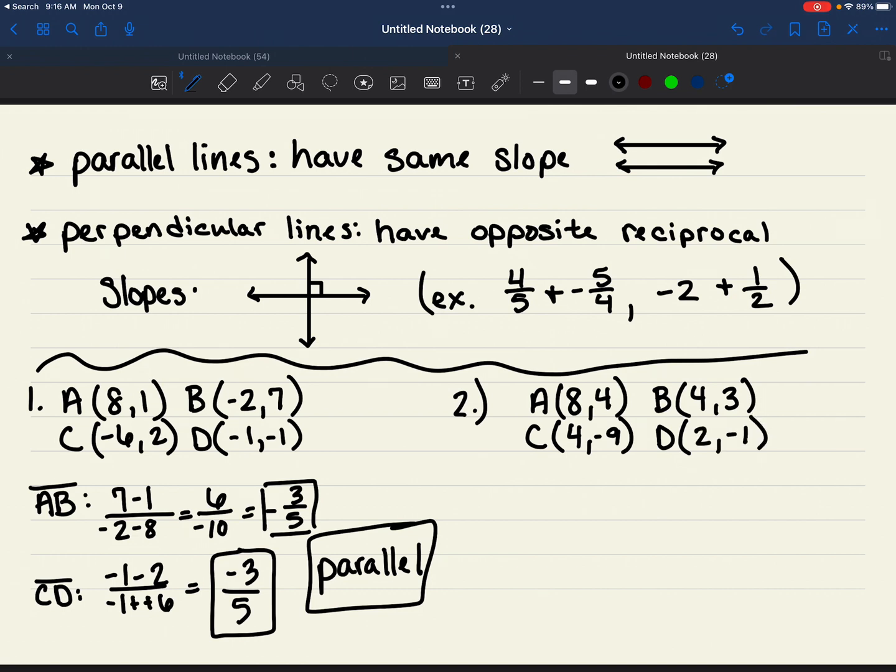Okay, I want you to try this one on your own. Same thing? Yep, we're going to determine if the two slopes are parallel, perpendicular, or neither.